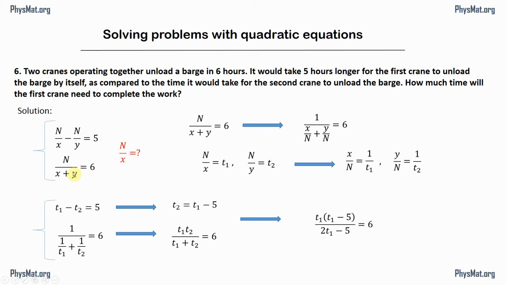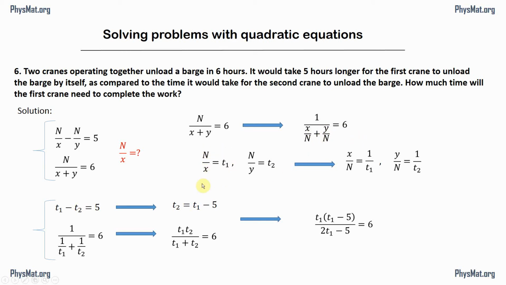So what we can do with this equation, we can divide both numerator and denominator by n, and we get this expression: 1 divided by (x over n plus y over n) is equal to 6.